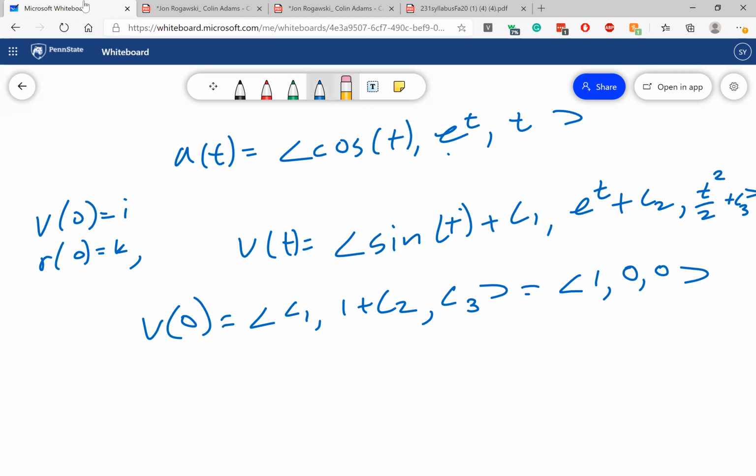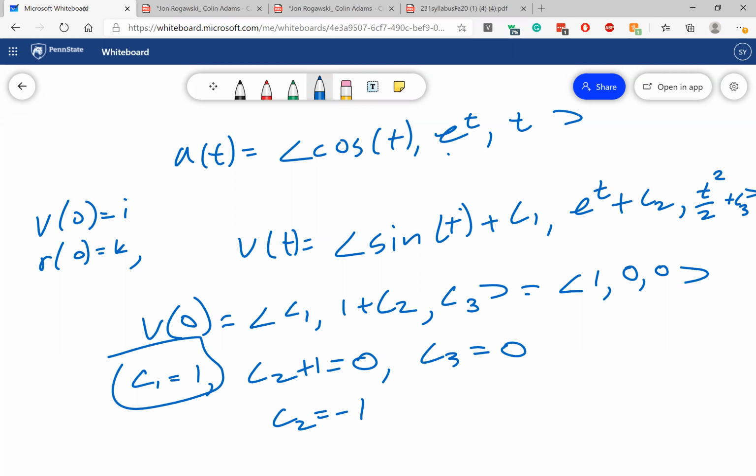So that tells me that C1 is equal to 1, C2 plus 1 is equal to 0, and C3 is equal to 0. And so from here we get C2 is equal to negative 1. So C1 is equal to 1, C2 is equal to negative 1, and C3 is equal to 0.